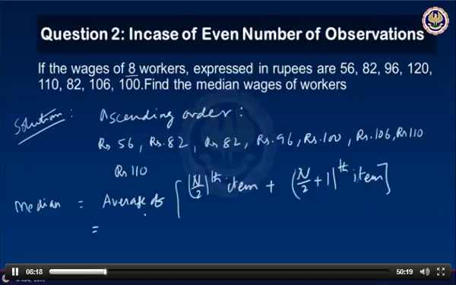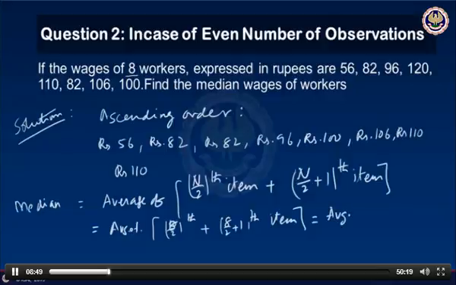In that category here, it is the average of the 8 by 2th item, with 8 the number of observations, plus the 8 by 2 plus 1th item. Here, the average of 8 by 2 is the 4th item plus the 5th item.